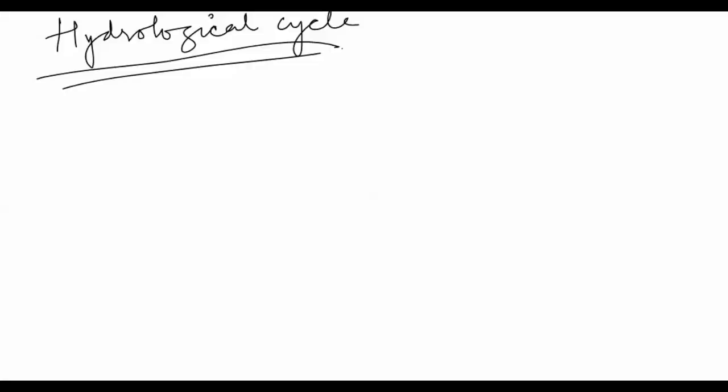We all know that the basic resources of water on the earth are rivers, lakes, oceans, and underground sources also. They get their water supply from the rains, while the rainwater in itself comes from the evaporation from these sources.